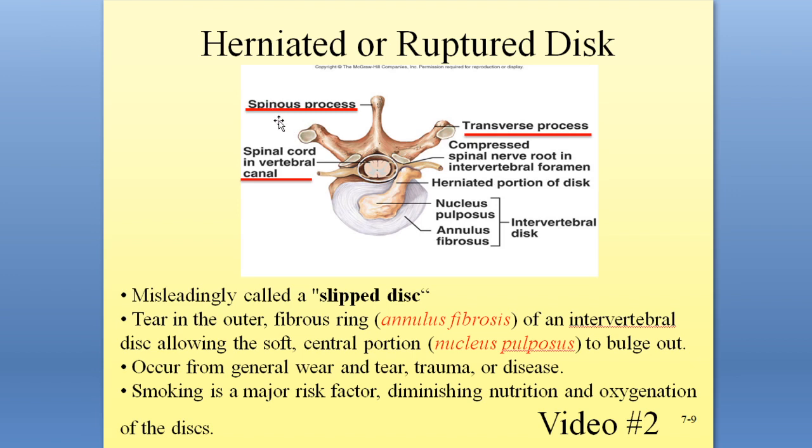This can cause a lot of pain because the disc collapses and your two vertebrae may be rubbing on one another, and all of this material can start pushing on the nerve and cause lots of pain. So it says it's a tear in the outer fibrous annulus fibrosus ring, and that allows the soft jelly nucleus pulposus to bulge out or completely push out.